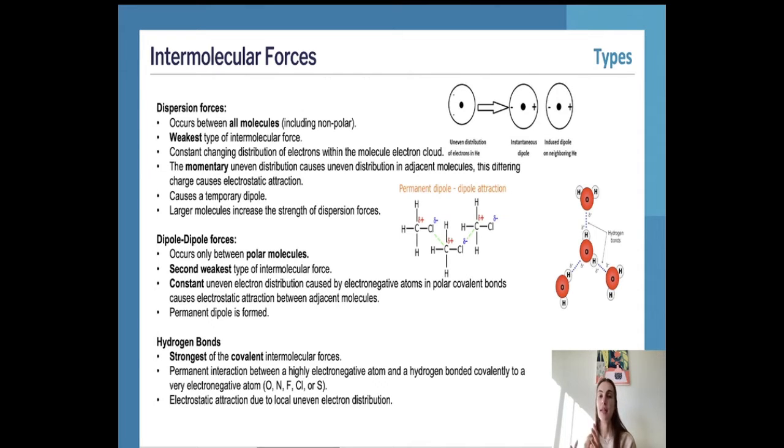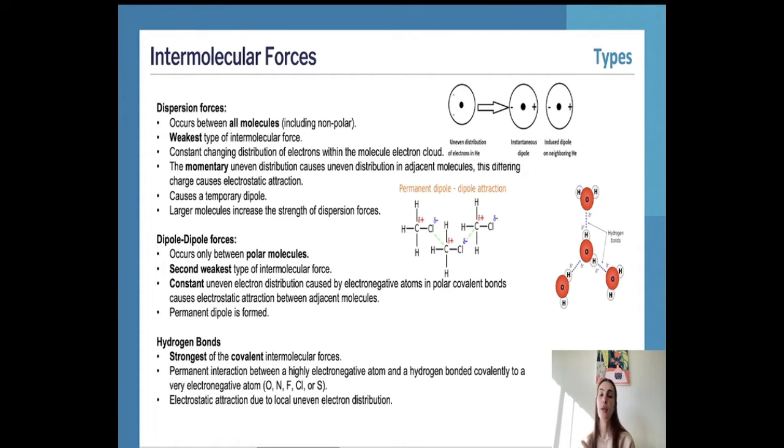We have this permanent attraction of electrons towards the chlorine, because chlorine is more electronegative than the carbon, and so it's going to pull the electrons towards it more, resulting in the carbon having more protons towards it and the chlorine having more electrons towards it.